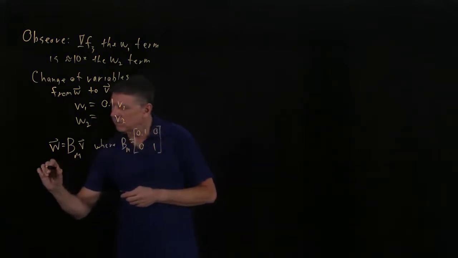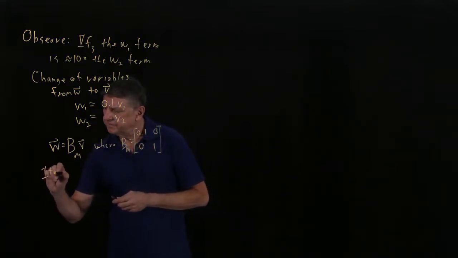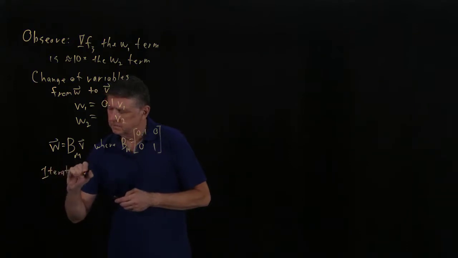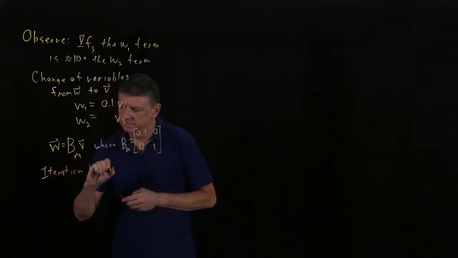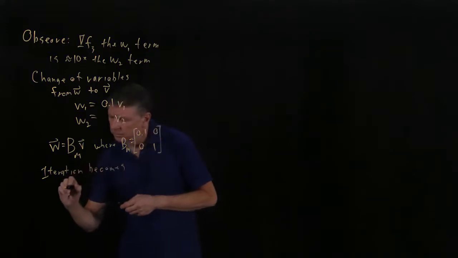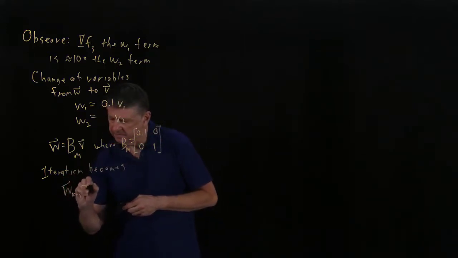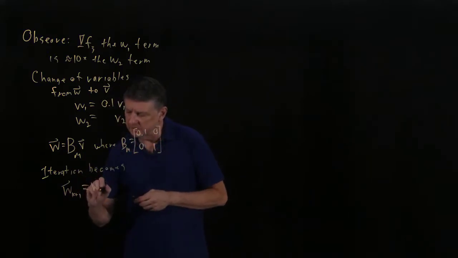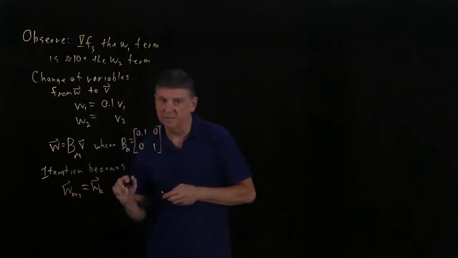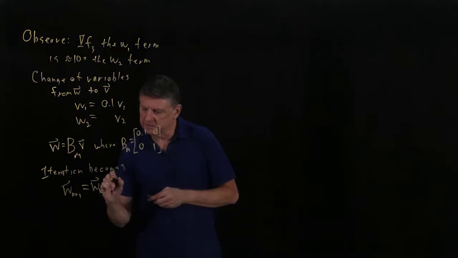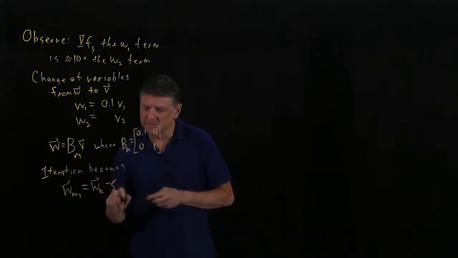And our iteration then becomes: we'll say that our k plus 1 estimate of the minimizer is our kth estimate of the minimizer minus a step size alpha_k.